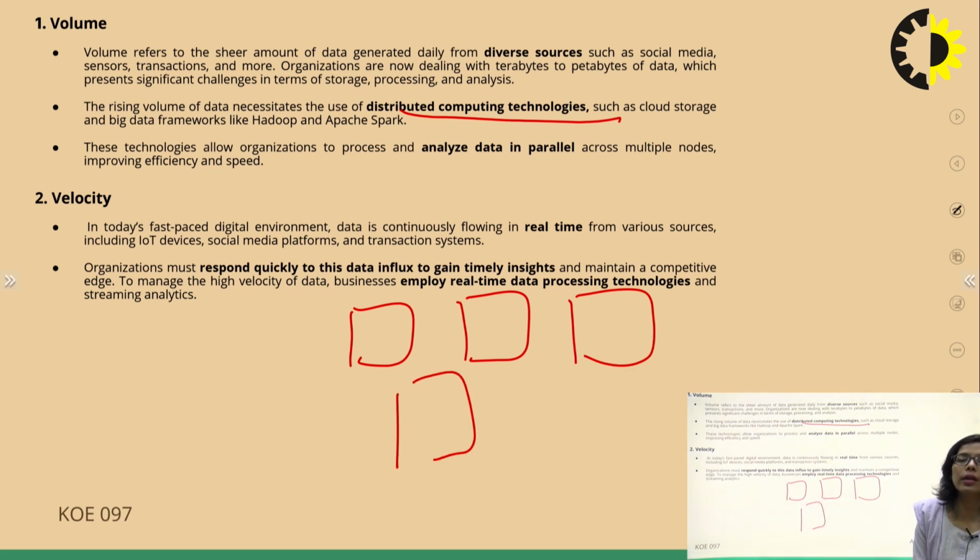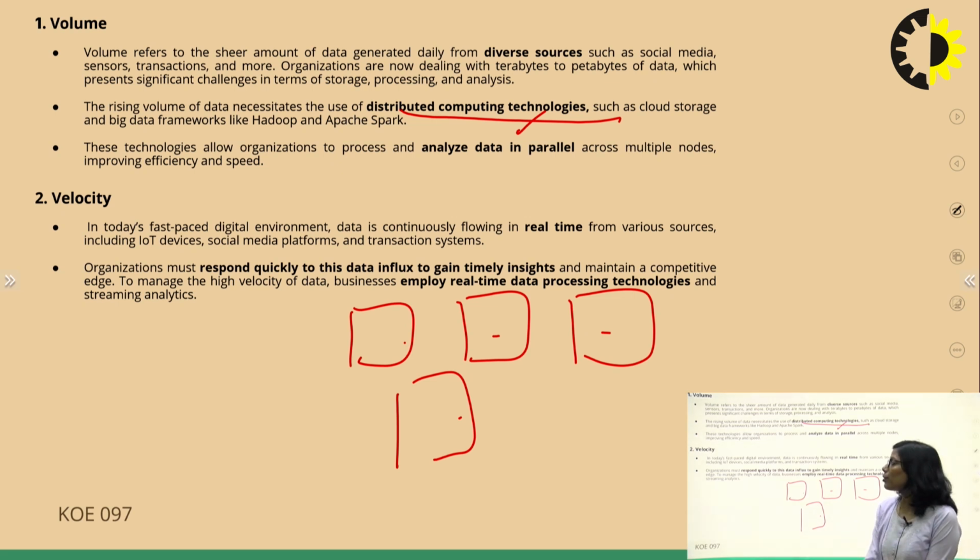So we're not storing the data on expensive servers, we are storing it on inexpensive commodity hardware, using distributed computing technologies. And when we store the data across various distributed commodity hardware, we are able to process the data in parallel, and hence our query execution becomes faster.